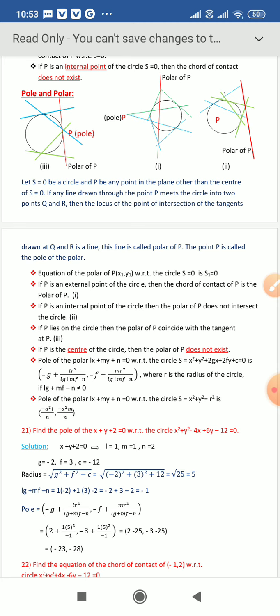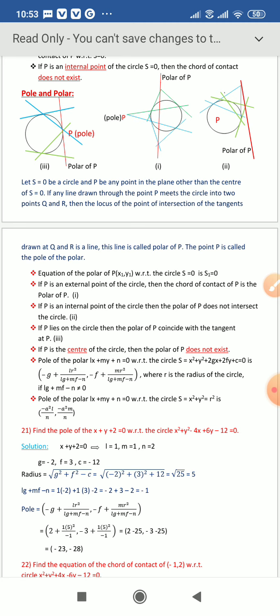The definition is a little bit difficult. You understand that. Okay, polar is nothing but a straight line. That straight line comes from the locus of the point of intersection of the tangents drawn at Q and R. What are Q and R?